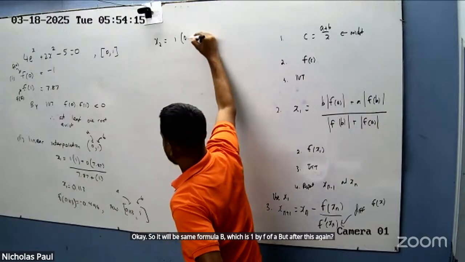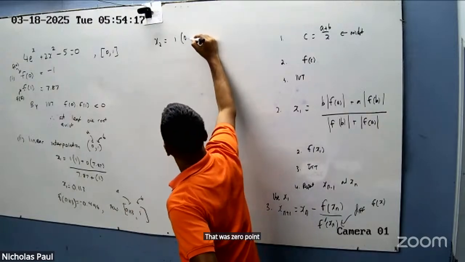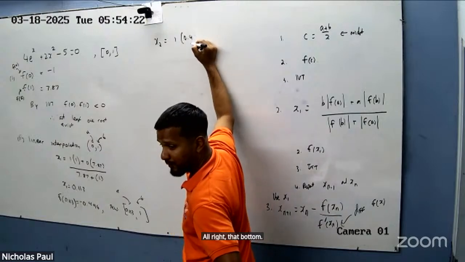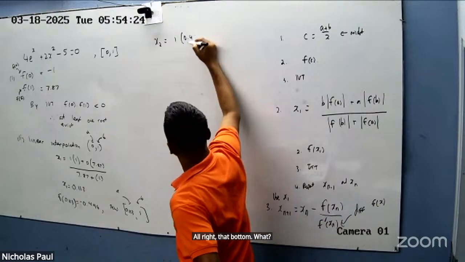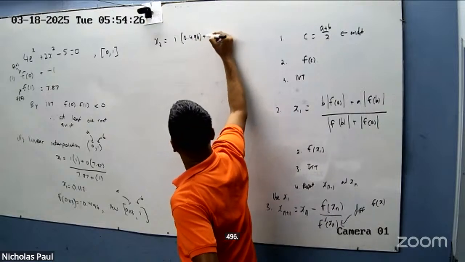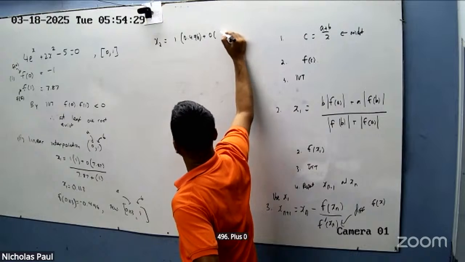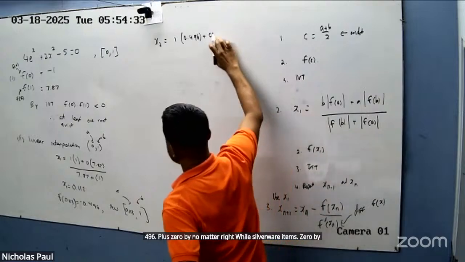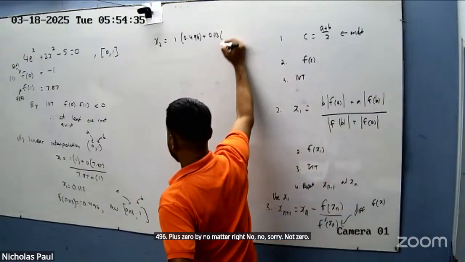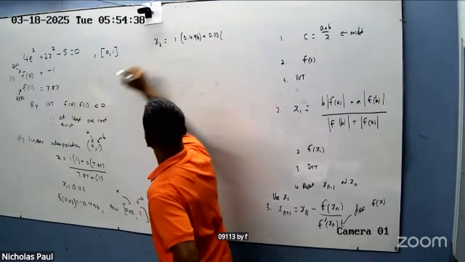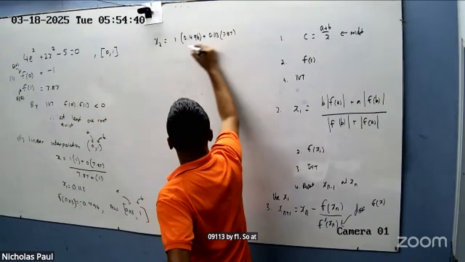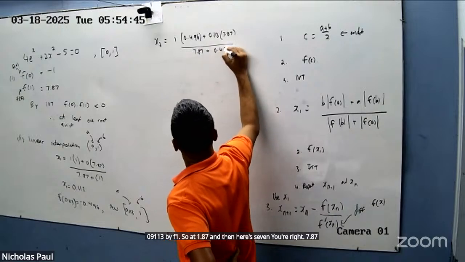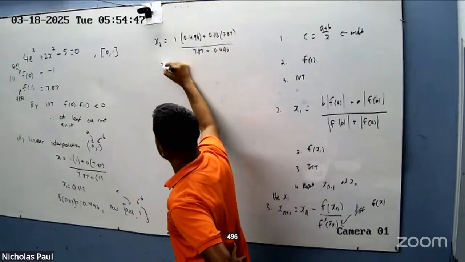That was -0.496, plus 0.113 by f of 1, 7.87. And then here, you write 7.87 plus 0.496. What do you get for x2?